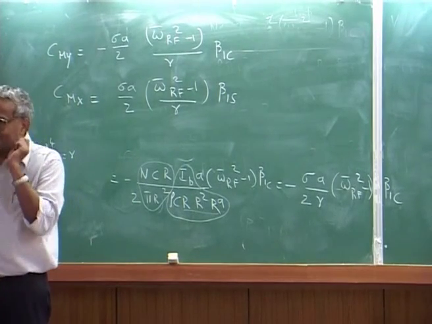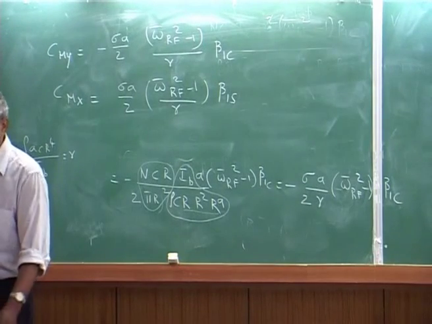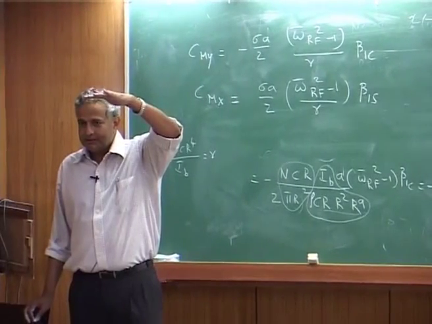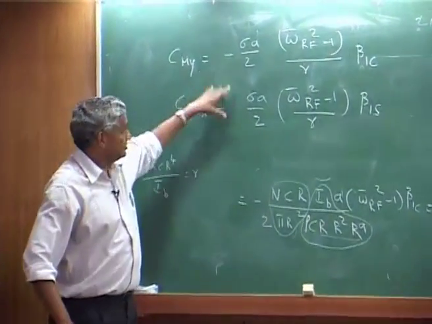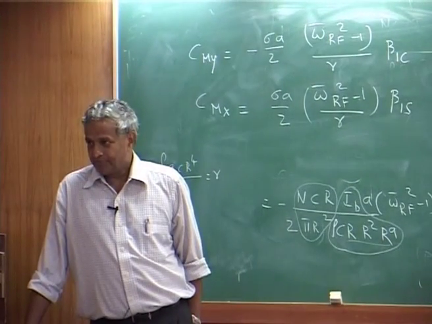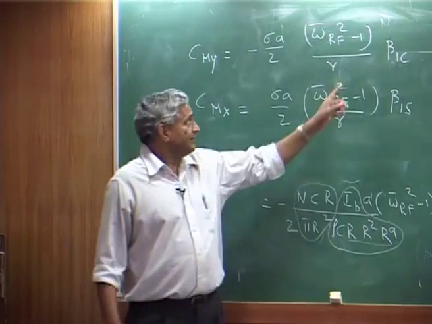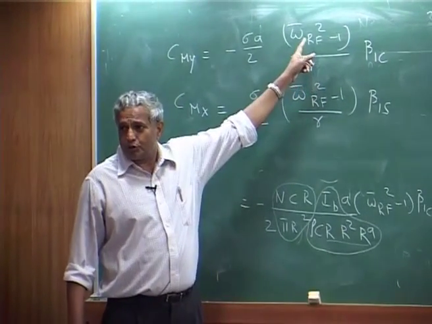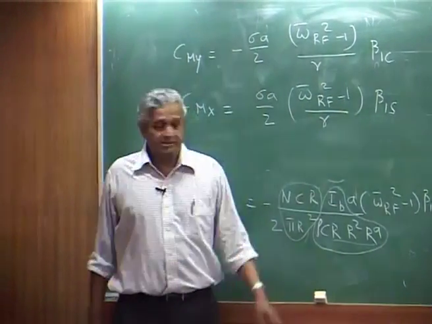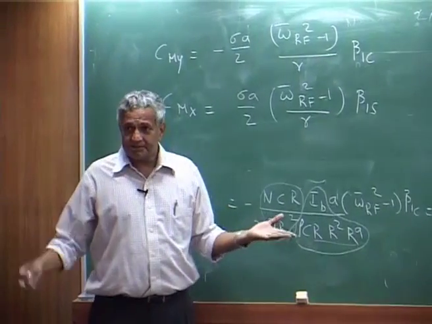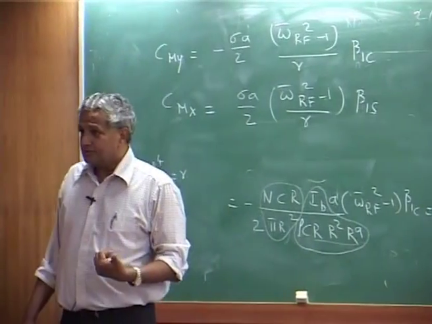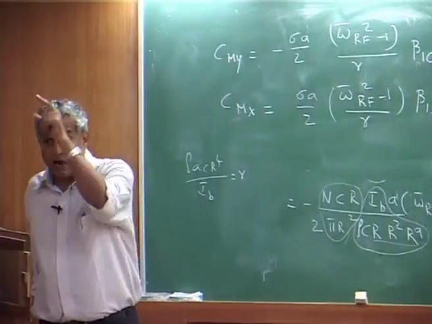Now, there is a little thing further to this. We got the hub loads, all 6 components. This is what I gave you in my notes, the 2-page. These are all rotor configuration: omega bar R f square, the flap frequency, is a rotor characteristic, and gamma is a rotor property. The only thing is, depending on your beta 1c or beta 1s, how much moment you are generating at the rotor hub.